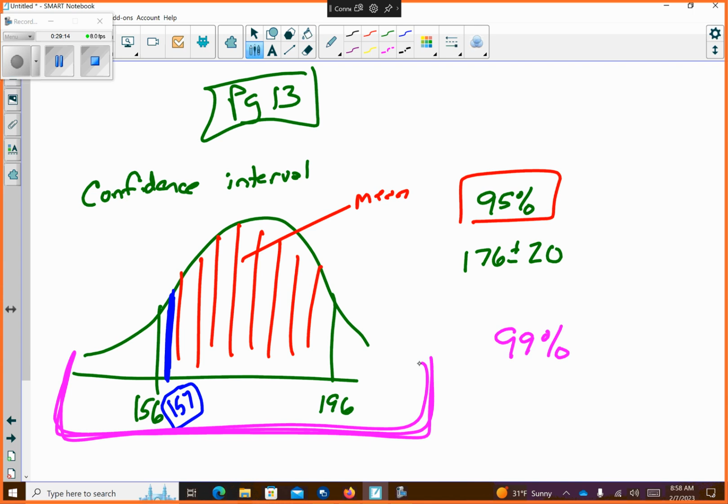I mean, this 99% interval might be between 100 and 300 for cholesterol level.